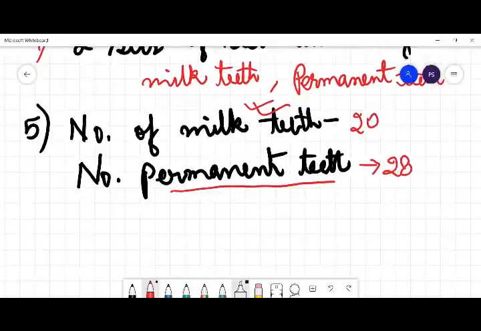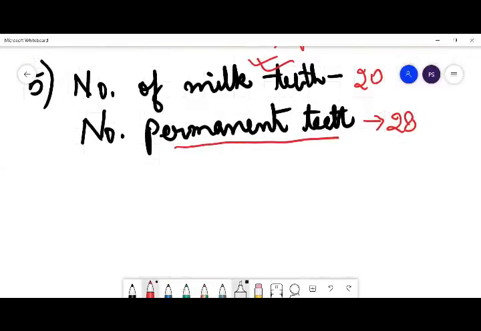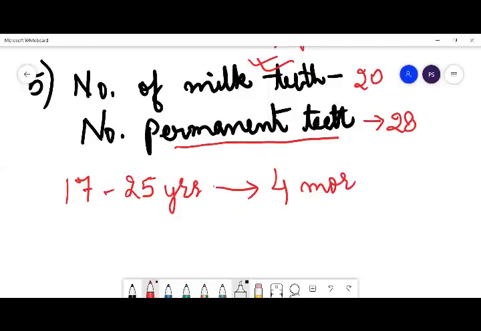Now at the age of 17 to 25 years, 4 more teeth come in.